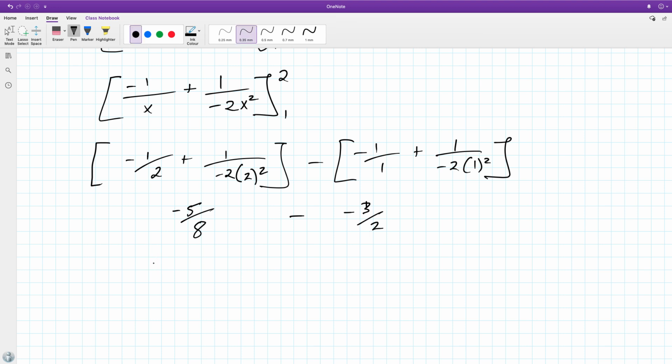What's the problem though? Has to be positive values. So this is 5 over 8 minus, and this is 3 over 2. 5 over 8 minus 3 over 2 is equal to 7 over 8.